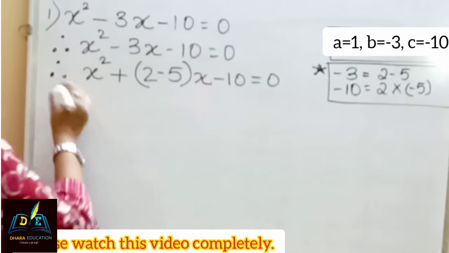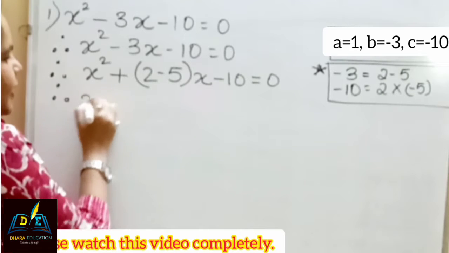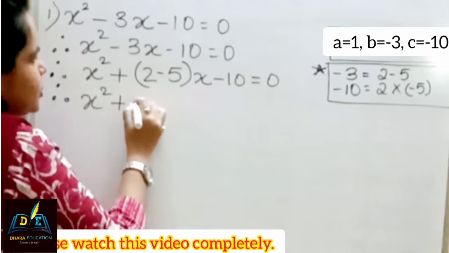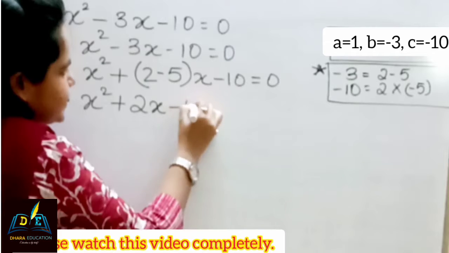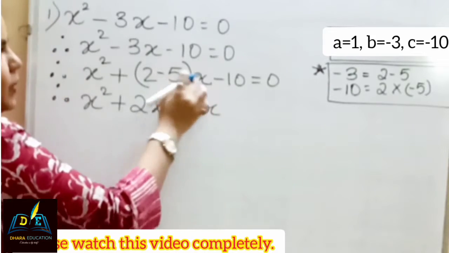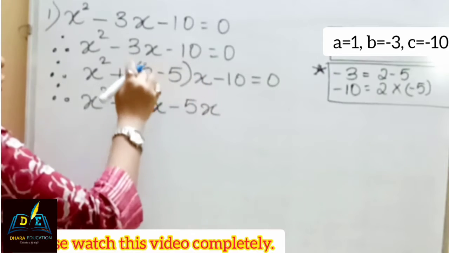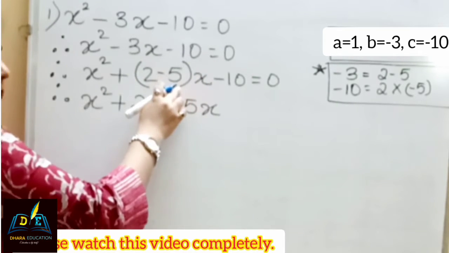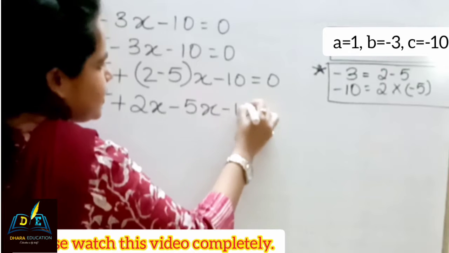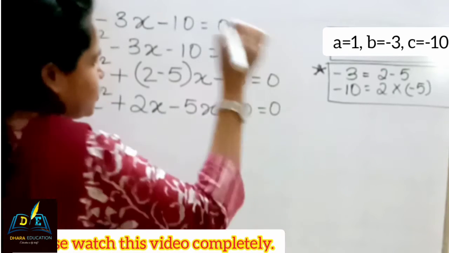Now the second step will be x square plus 2x minus 5x. I have just multiplied with x because it is in multiplication with 2 minus 5. Then minus 10 is equal to 0.